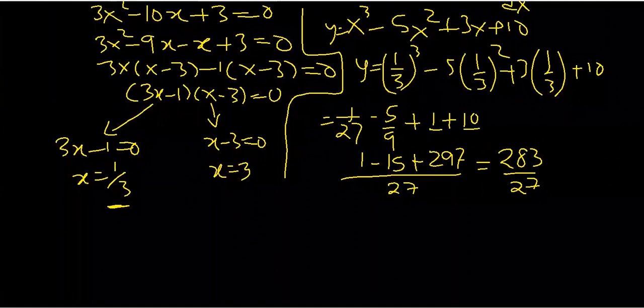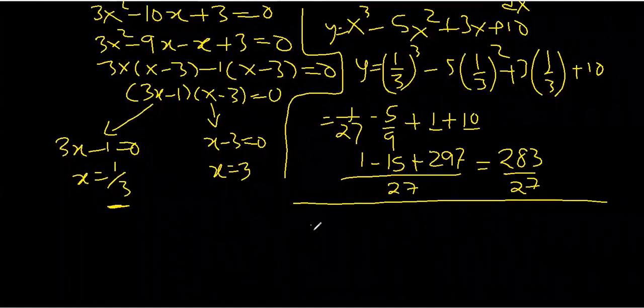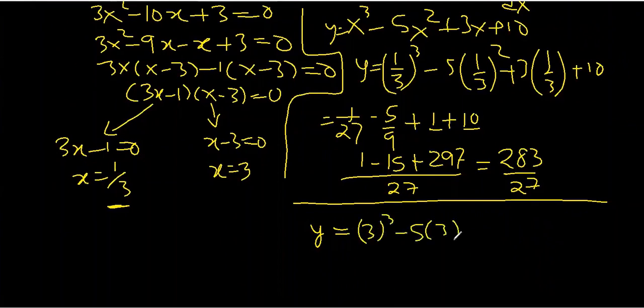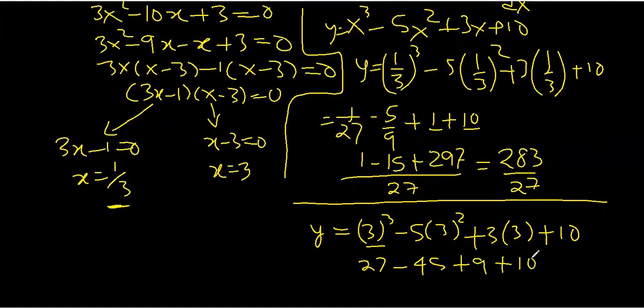What about C? For that, again, I will substitute x equal to 3. So 3 cubed minus 5 times 3 squared plus 3 times 3 plus 10. So it is 27 minus 45 plus 9 plus 10.